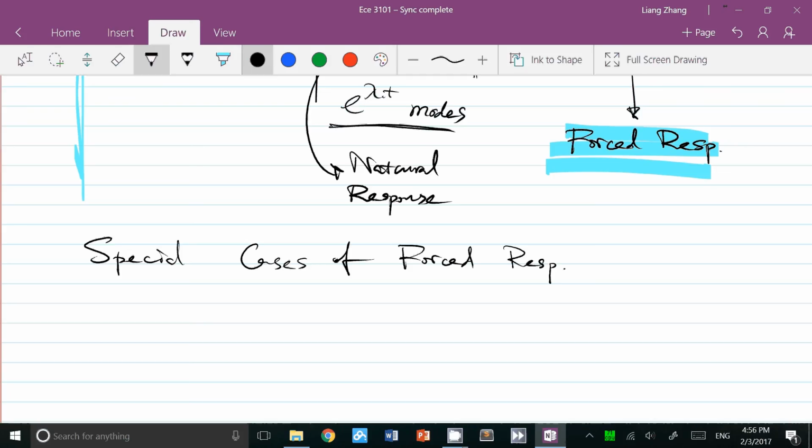And see how this will turn out. Now, when calculating the forced response, there are usually some ways to guess its form. As I mentioned, we only look at one special case, when the external input takes an exponential form.